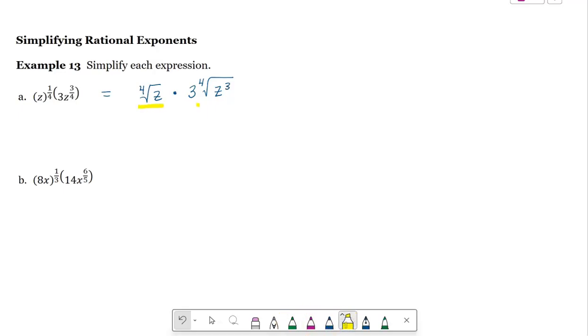I want to combine these two together. They have the same index, so I can take the items that are under the radical and multiply them together. So then I would have that 3 is just kind of out on the outside. I can take z and z cubed and multiply them together under that 4th root. Well, that's nice because now I've got z to the 4th power, and I'm taking the 4th root of it, so that'll just be 3 times z.